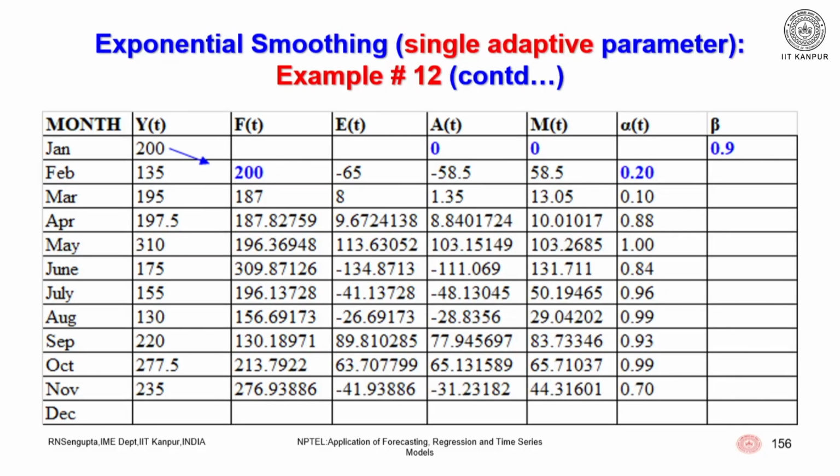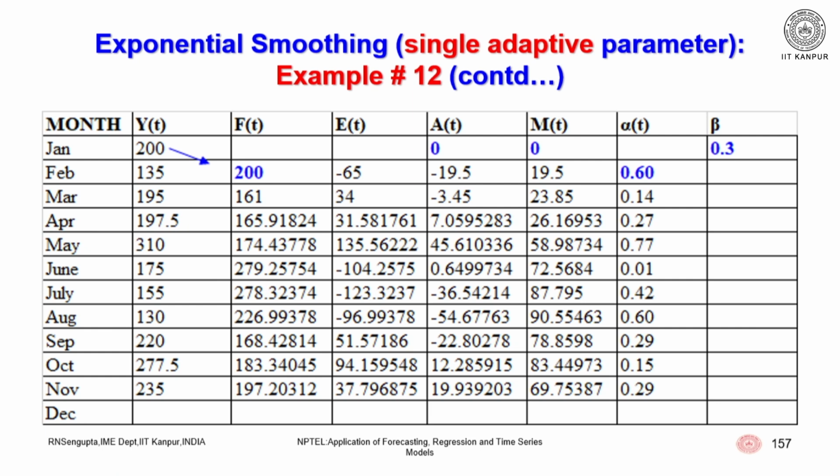Only remember, again I am repeating, A the starting value, M the starting value is 0, and alpha the second value, because you are starting at the first position, alpha 2 is 0.2, which you keep changing, and beta is not changed, it is fixed for any run. Similarly, I have in this slide the different values of F, E, A, M corresponding to alpha 0.6 and 0.3.